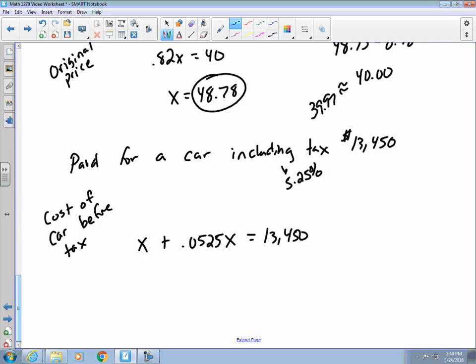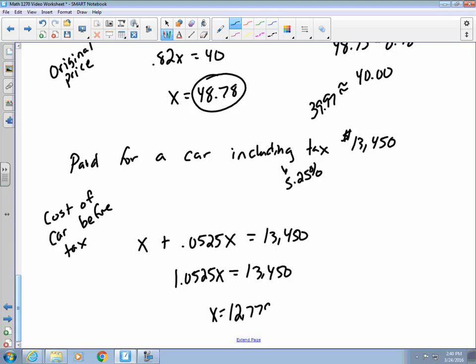Same idea, it's just that you have to add this time. So pay close attention to tax versus discounts. Once we divide this, we will have the answer: 13,450 divided by 1.0525.